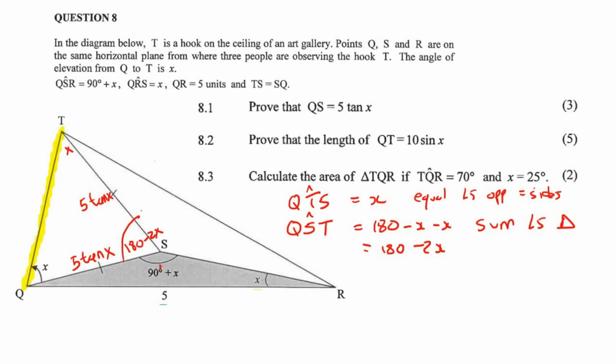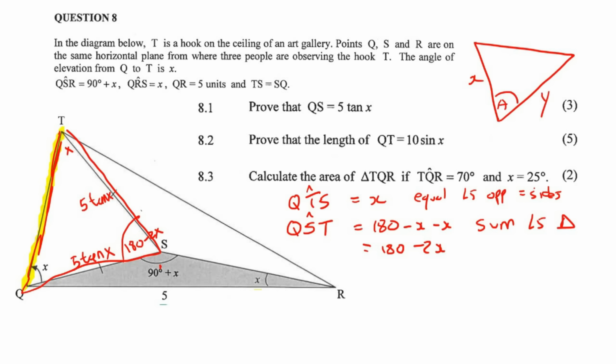Now, in this triangle over here, I can use the cos rule. It's not a 90-degree triangle, so I can only use the cos rule or the sin rule. I think the cos rule will work really nicely, because it works whenever you have two sides, like x and y, and an angle in between them.